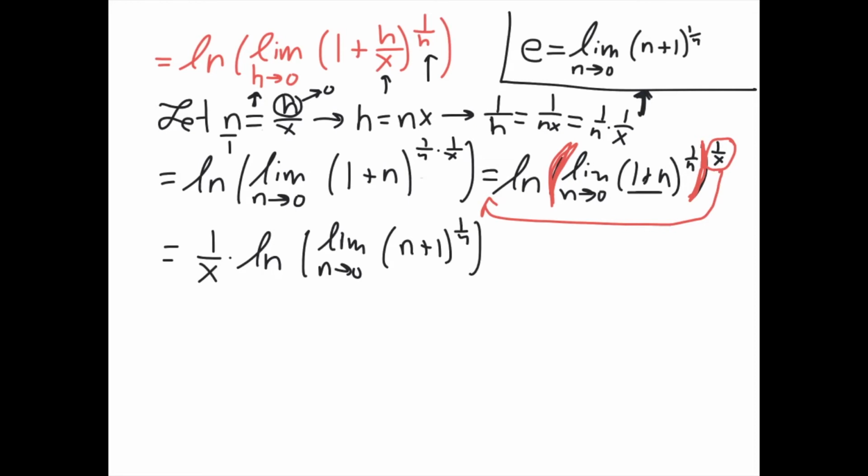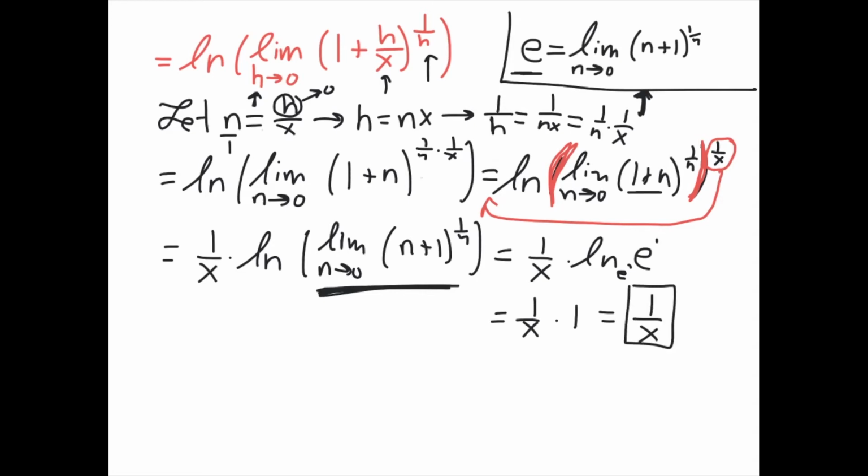And now you should definitely notice this is the definition of e that we've been looking for all along. So replacing that part with an e, we have 1 over x times ln of e. And of course, ln of e: what's the exponent that I'd have to put on an e in order to get e as the result? Well, that exponent would have to be 1. So this is 1 over x times 1, which is just 1 over x.